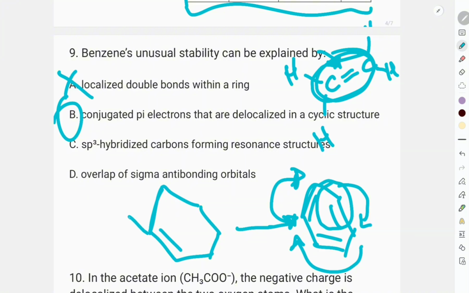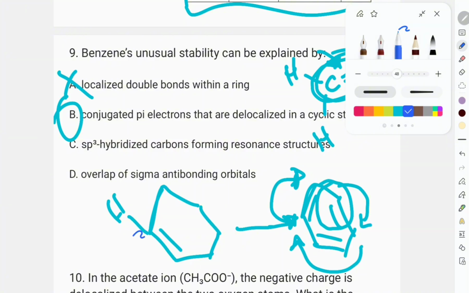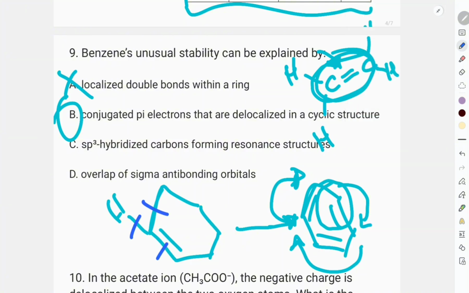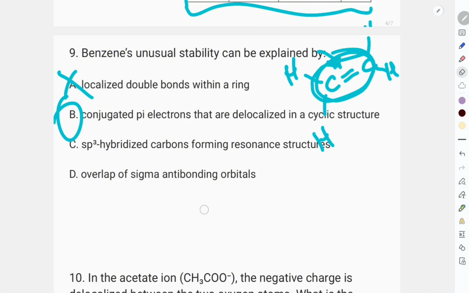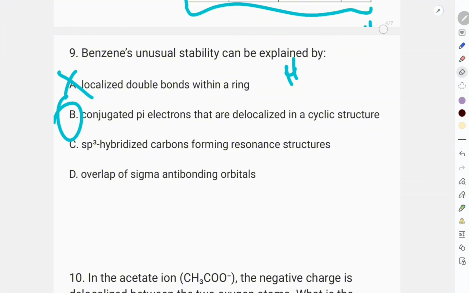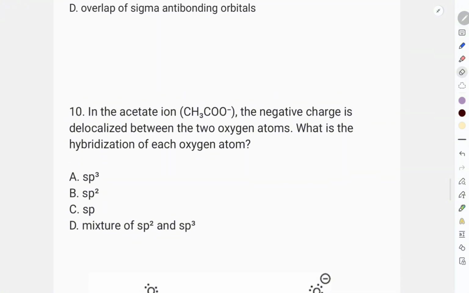So if I take one of these carbons, I know it's attached to a hydrogen, and there is 1, 2, 3 areas of electron density, that would make it sp2, not sp3, making that incorrect. D says the overlap of sigma anti-bonding orbitals. This is incorrect because the thing that is making the benzene ring stable is actually the pi bonds because it's double bonding.